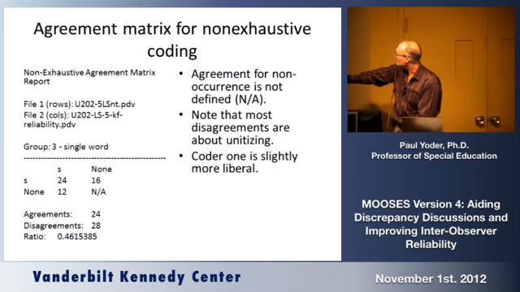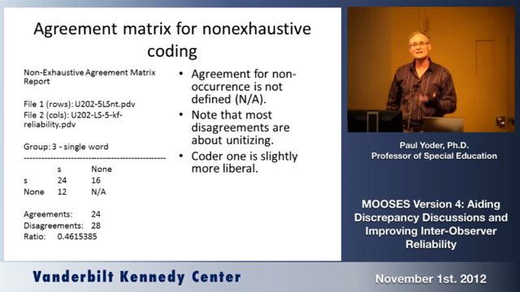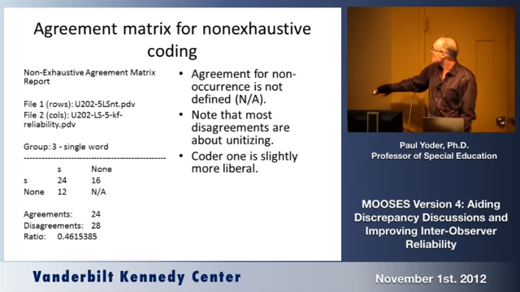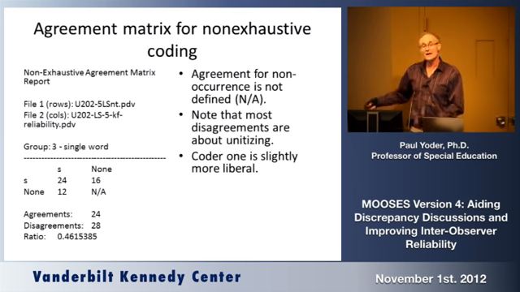It's not applicable because there isn't any way to know the agreement on non-existence in a timed event approach. But it does allow you to see that most of the errors are due to, in fact, all the errors are due to someone seeing a smile, but someone else not seeing a smile. Okay? That's just an obvious example of a unitizing error.